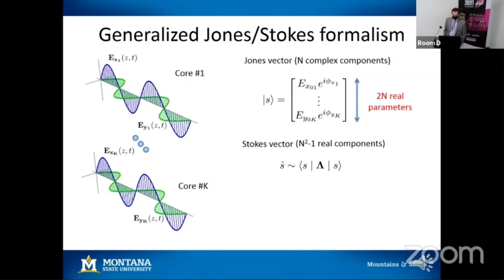Again, n is 2 times the number of cores because we have X and Y polarization in each core. However, notice that these components still depend on the original 2n real parameters, so they are interdependent. And this makes the generalized Stokes space to have a Poincaré sphere that is not fully covered with valid vectors.